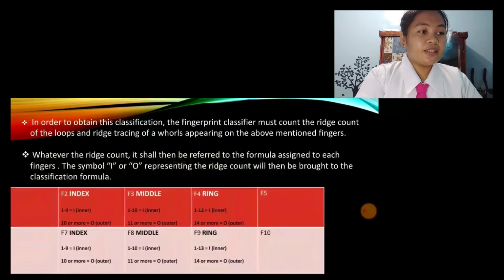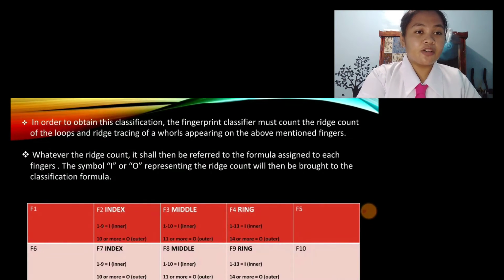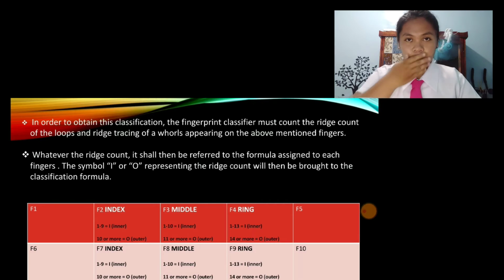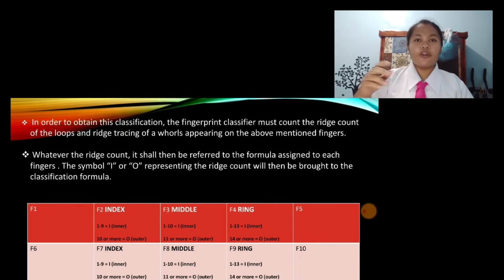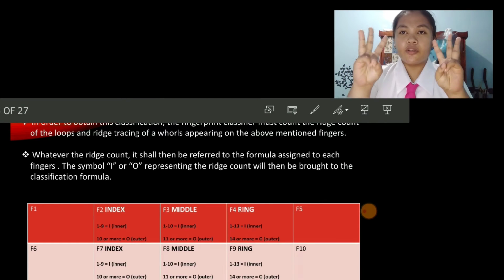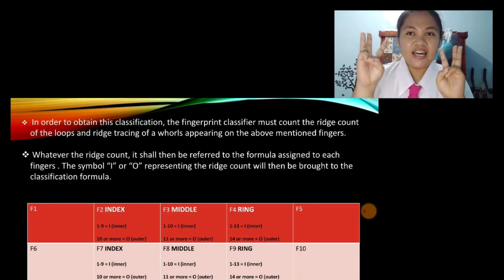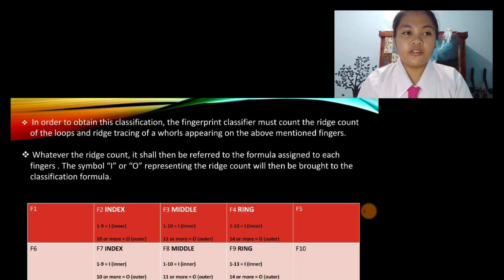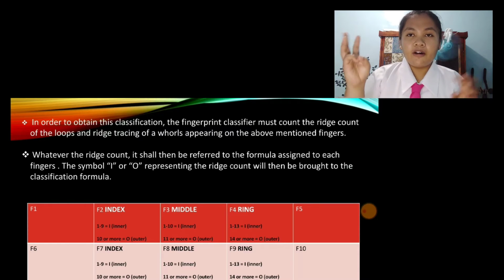In order to obtain this classification, the fingerprint classifier must contain the ridge count of the loops and the ridge tracing of the whirls appearing on the above mentioned fingers. If loop patterns appear on these fingers, ridge counting is a must. If a whirl pattern appears, whirl tracing is needed in the above mentioned fingers.